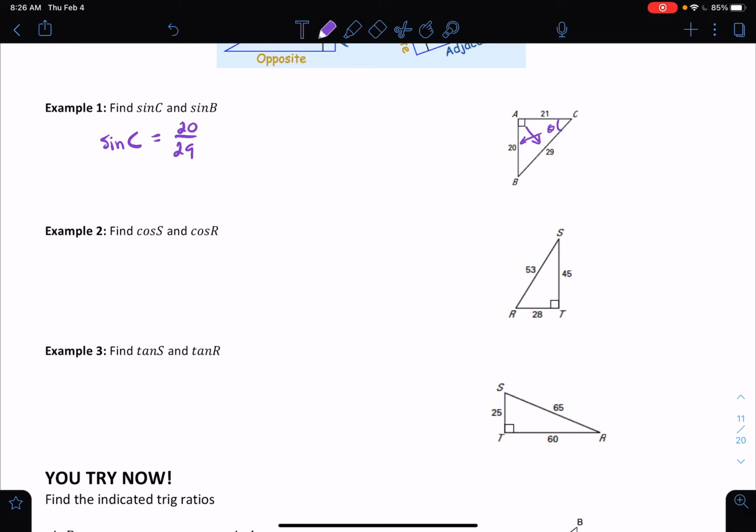Just setting up the trig ratio, understanding SOHCAHTOA. Okay, so next up we want to do sine of B. So if B is our theta, I plug the angle into the trig function, so sine of B equals opposite 21 over hypotenuse 29. So sine of B is 21 over 29.